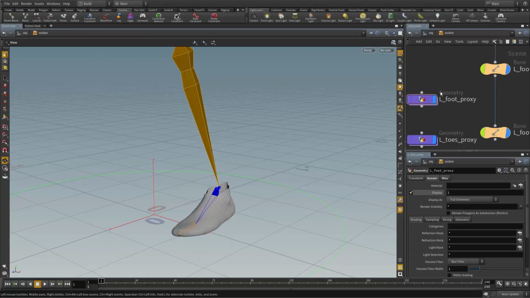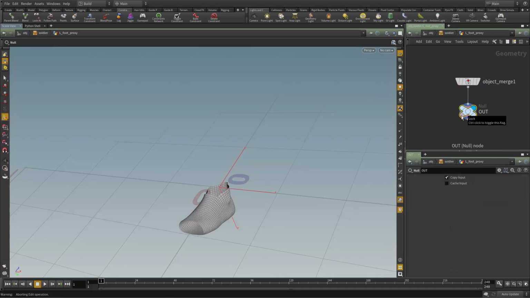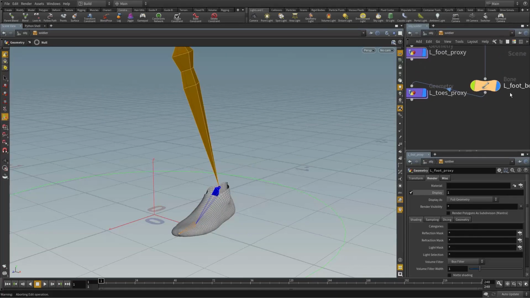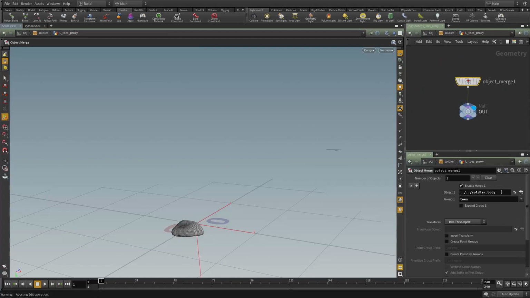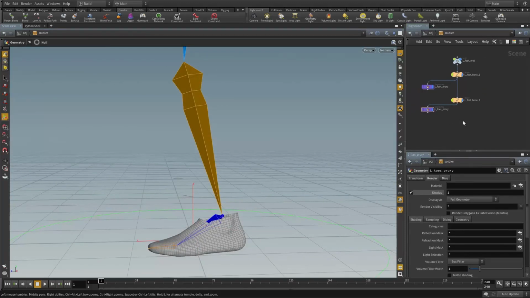So I have a left foot proxy, which I can parent into the left foot bone. I go inside, you can see that I have an object merge pointing to soldier body and pointing to that foot group. And then the out node, I'm going to control click on the lock, and then toes to foot bone 2. Again, soldier body group is toes, control click on the lock, and now I've got my proxy.